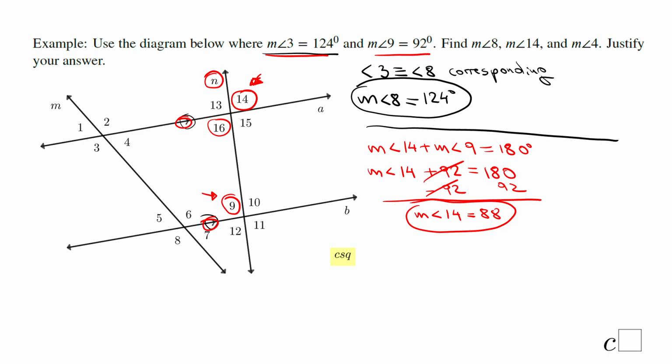And again here, maybe that's the justification you want to have. Angle 14 and angle 16 are congruent because they are vertical angles, and then 16 and 9 are consecutive interior.